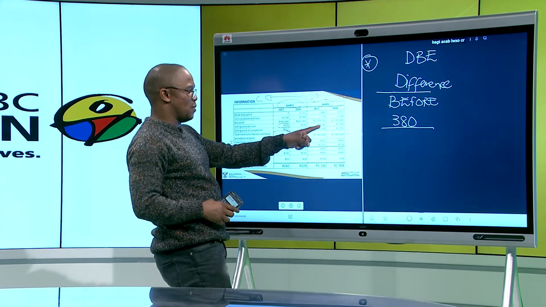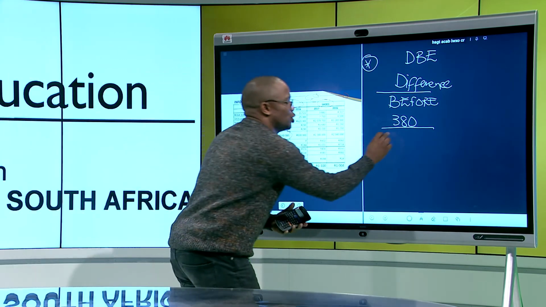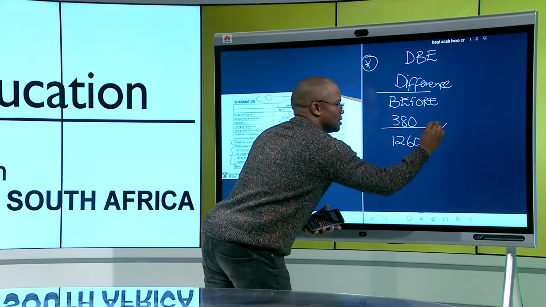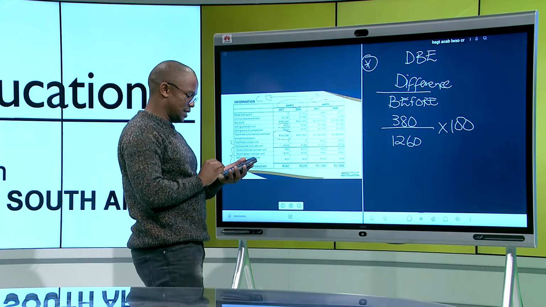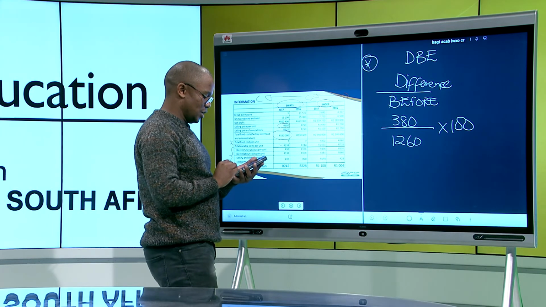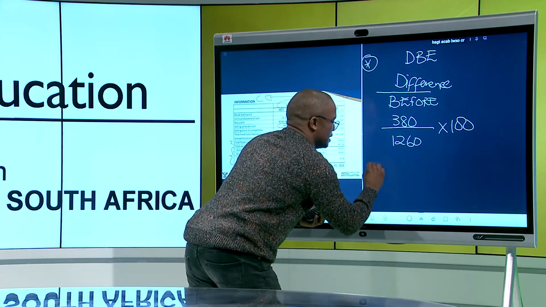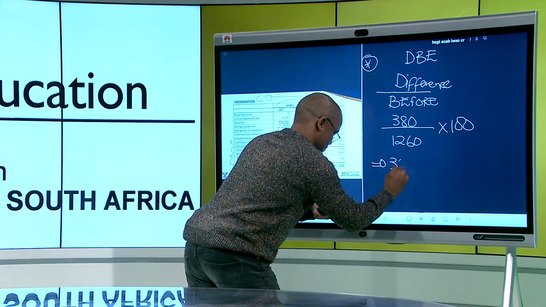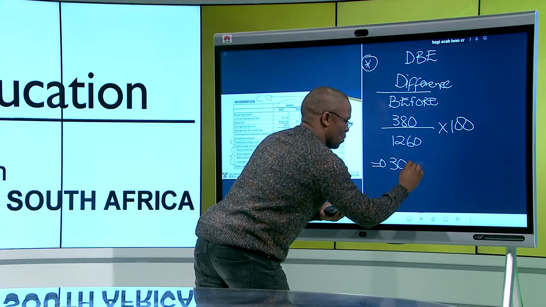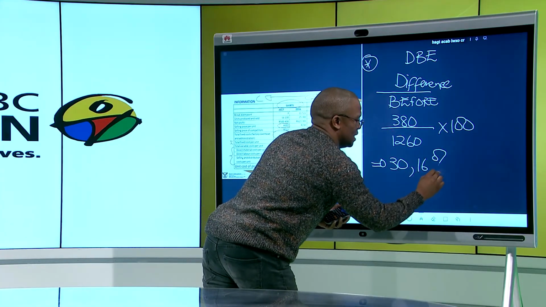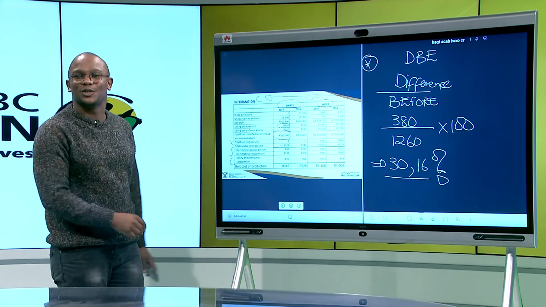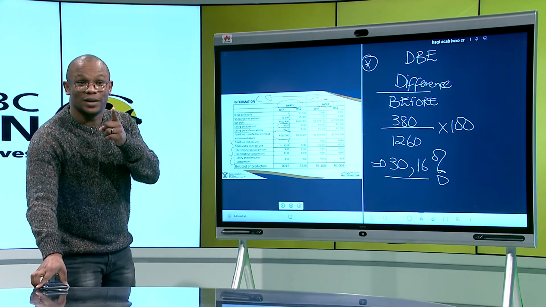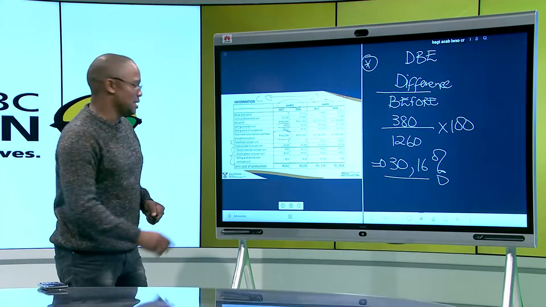How much was the amount before increase? 1,260 times 100. So it's 380 divided by 1,260 times 100. You will get 30.16%. That is your answer. I hope you understood that one, my dear learners. Don't forget, difference divided by before.